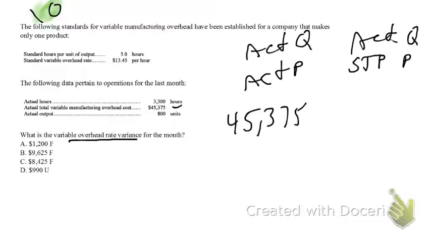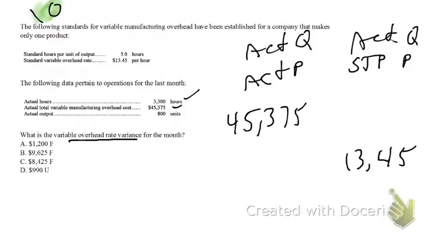Standard variable overhead rate is $13.45 per hour. Each unit takes a total of 5 hours. Actual hours worked, they told us that, were 3,300.